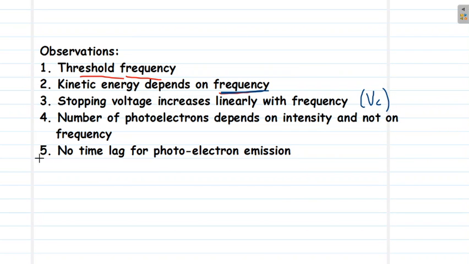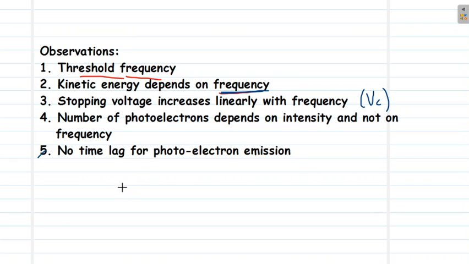And finally, the fifth observation was that no time lag for photoelectron emission is observed. When the light falls on the metal, the electrons are emitted instantaneously. So these are the observations that we get from analyzing a photoelectric effect experiment.